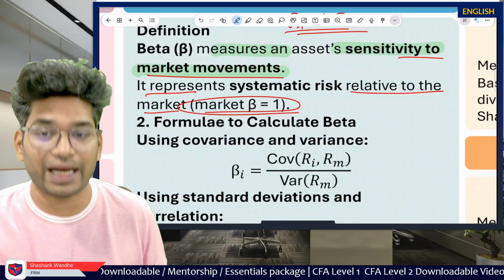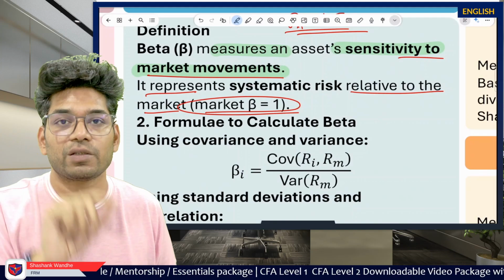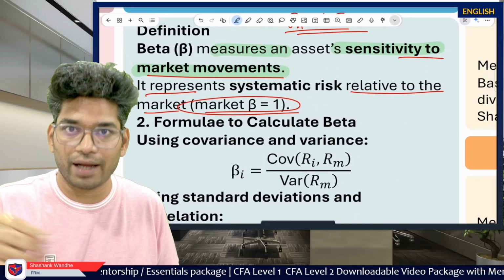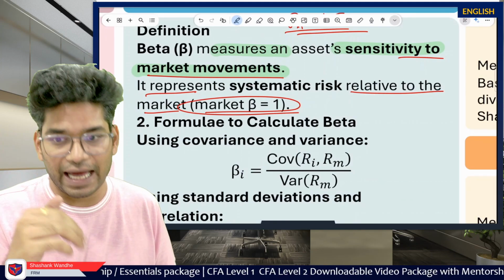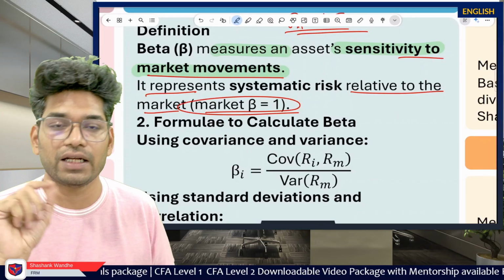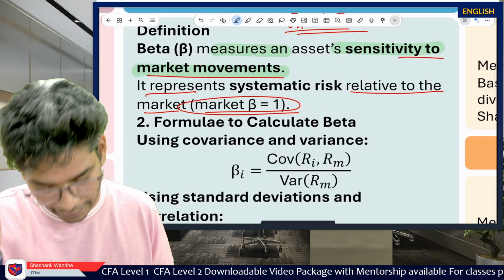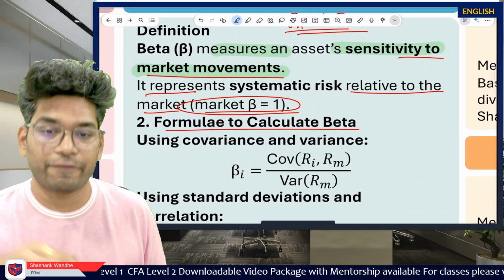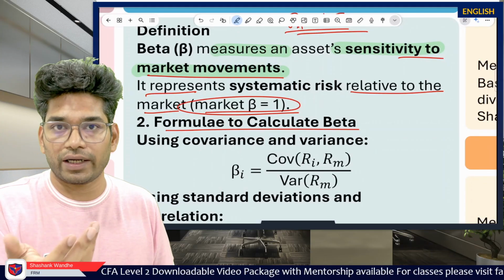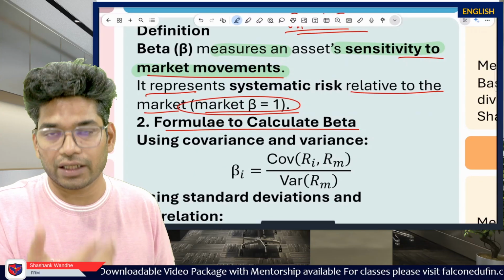The market's beta is equal to 1. So if a particular asset's beta is equal to 1, this means you are taking risk equal to the market. If the beta is less than 1, you are taking less risk compared to the market. If the beta is more than 1, let's say 1.5, then you are taking more risk compared to the market. And if you take more risk, ultimately you will get more expected return. If you take less risk, then you should get lesser return compared to the market.